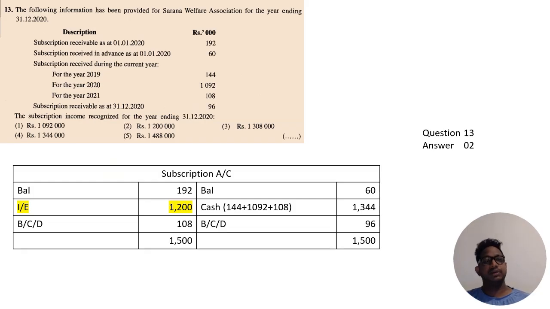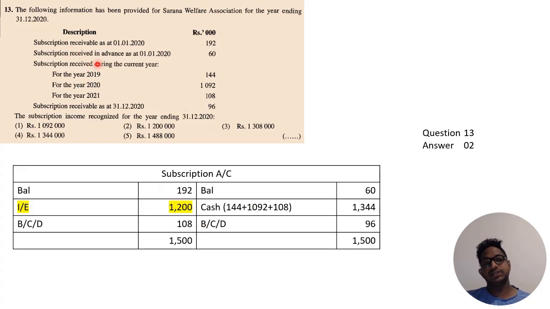Question 31, club accounts. The information has been provided for Sarana Welfare Association for the year ending 31st December 2020. And they are asking the subscription income recognized for the year ending 31st December 2020. So here I go with the subscription income account. And subscription receivable as at opening date, it's an asset, and the opening date balance should be on the debit side.